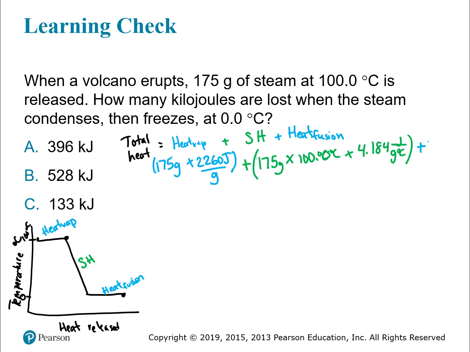And that's taking the mass times 334 joules per gram. You get the number for each of these pieces and you add them together.